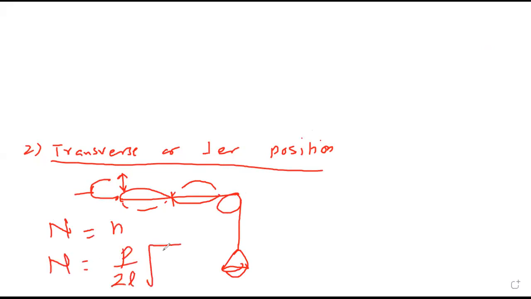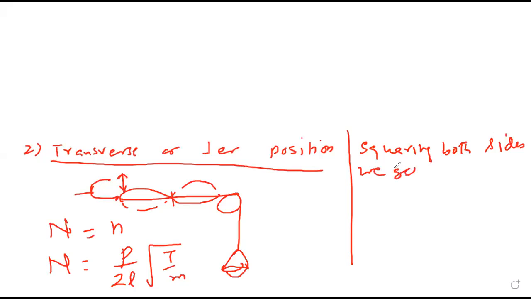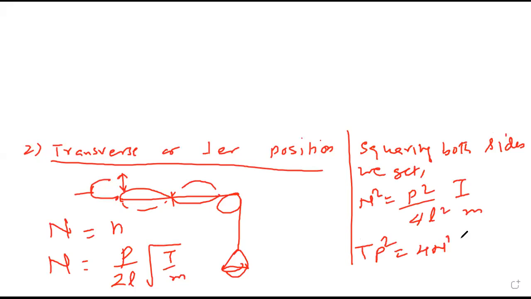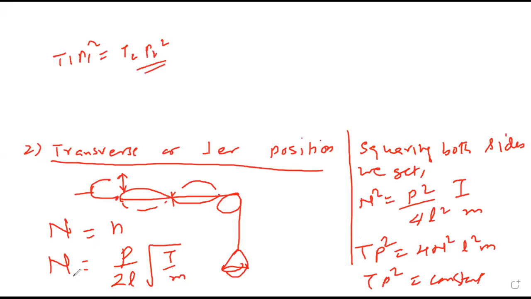So n is p upon 2L root of T by m. Squaring both sides, we get n square equals p square upon 4L square T by m. So T p square is 4n square L square m. That is, T p square is constant. So T1 p1 square can be written as T2 p2 square. Right.